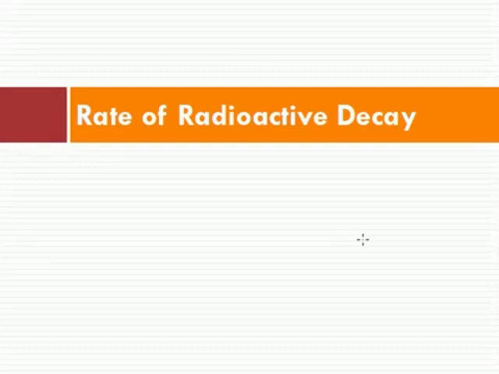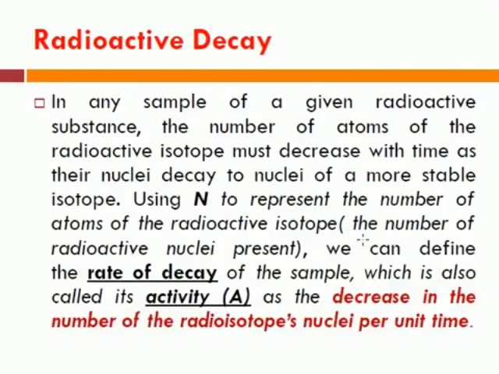Let's proceed with the rate of radioactive decay. So, in any sample of a given radioactive substance, the number of atoms of the radioactive isotope must decrease with time as their nuclei decay or decompose to nuclei of a more stable isotope.